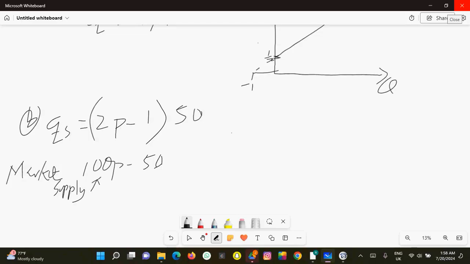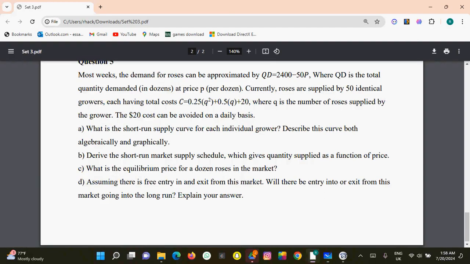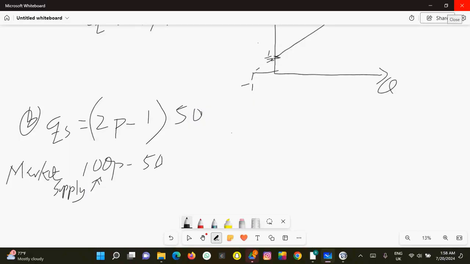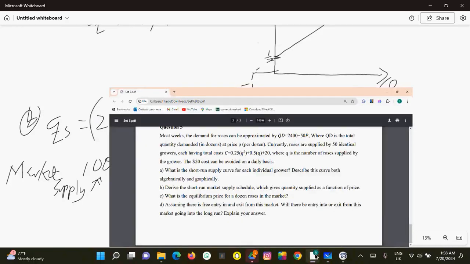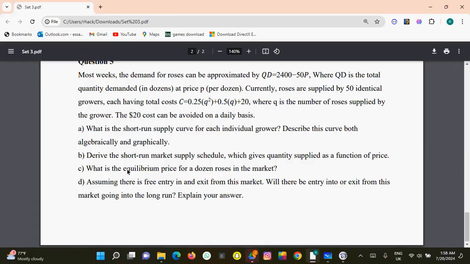Right? So now let's go to C. C is asking what is the equilibrium price for a dozen roses in the market?